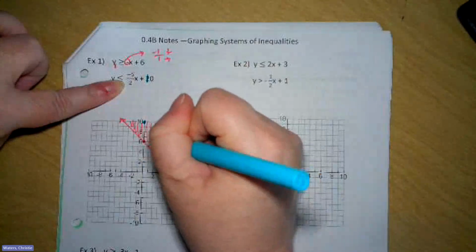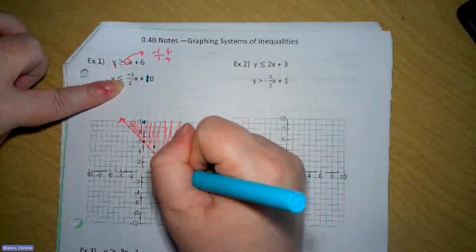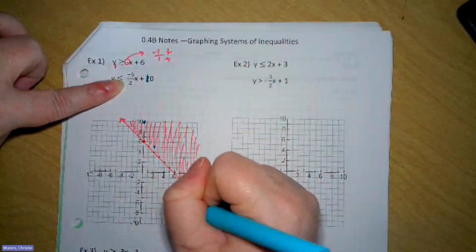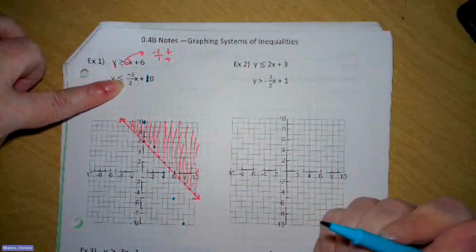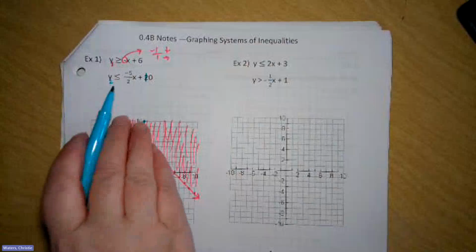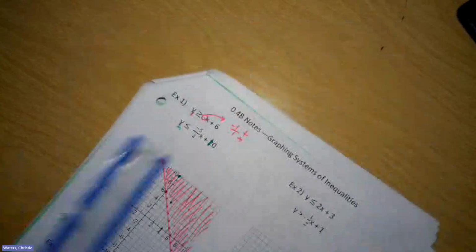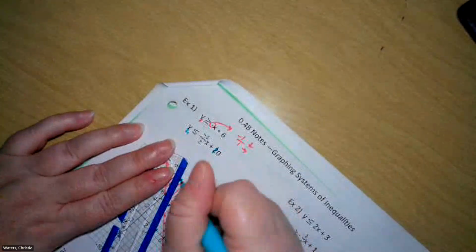And notice I'm having to kind of overlap the pink, but that's okay. I'm going to go down 5 again, right 2, down 5 again, right 2, and down 5 again, right 2. So this goes all the way through. Now this is another less than or equal, so it's got the equal sign on it. So again, I can do a solid line.